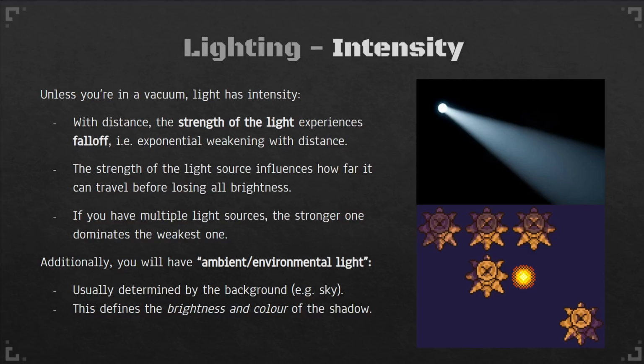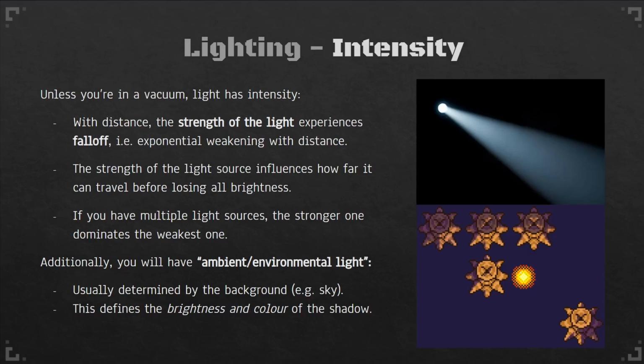And also consider intensity. The strength of the light source impacts how visible it is going to be on your object. The further away you go from the light source, the less strong it's going to be. Light falls off exponentially.